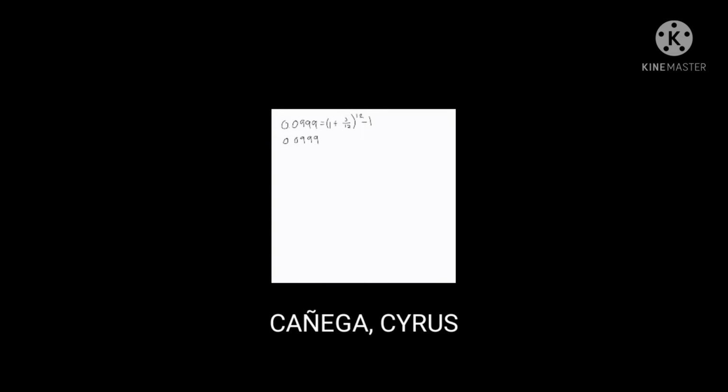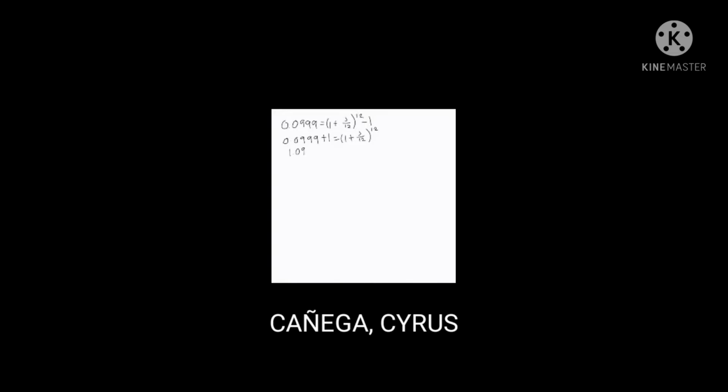Second step, the negative 1 in the right side moves to the left side. Negative will change into positive 1, so it will become 0.0999 plus 1 equals open parentheses 1 plus J over 12 close parentheses raised to 12.